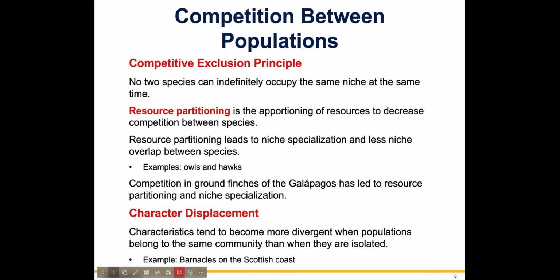So we also have something of a principle called resource partitioning. And that's where if we're going to have two living things that will have a similar job in the ecosystem, that we need to separate or appropriate those resources so that there's less competition. A great example are owls and hawks. Again, birds of prey that eat rodents.